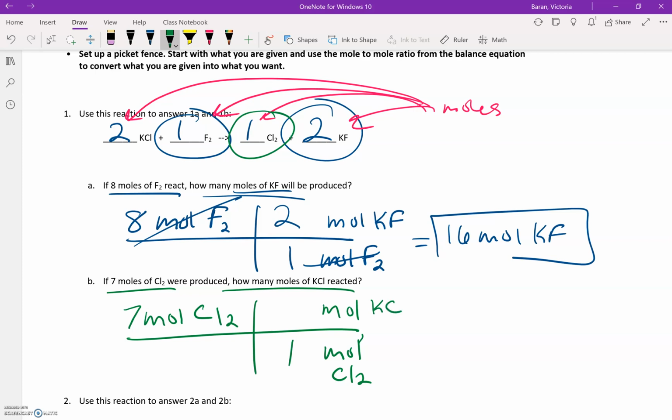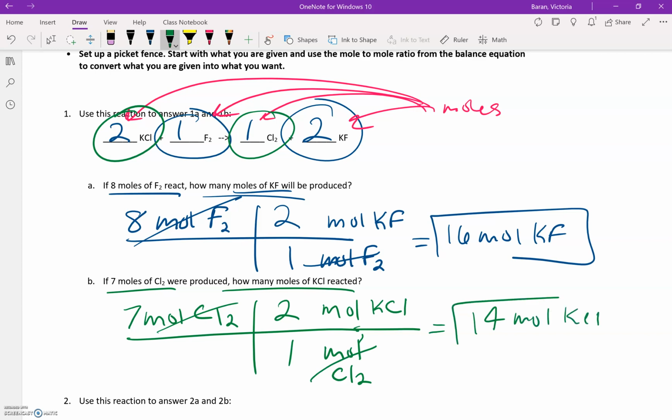So in the top, I'm going to put moles of KCl. That's what I'm trying to convert into. How many moles of KCl? Well, according to the balanced chemical equation, 2. So 7 times 2 is 14 moles of KCl.